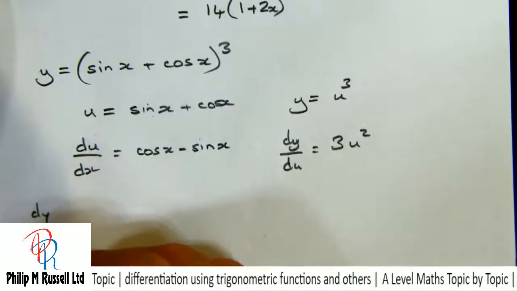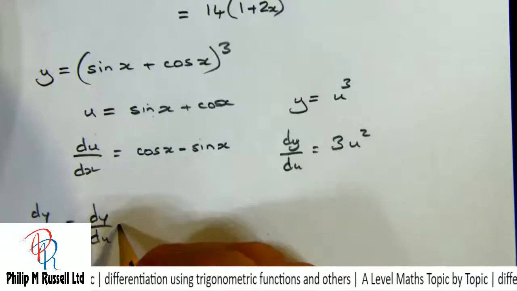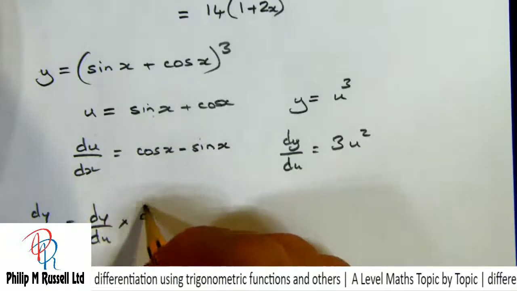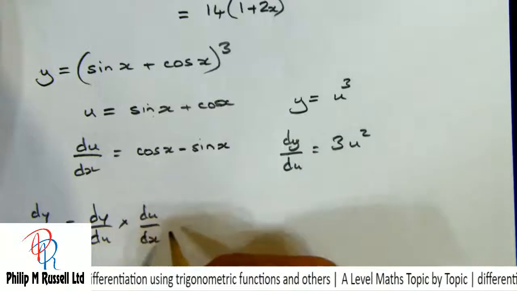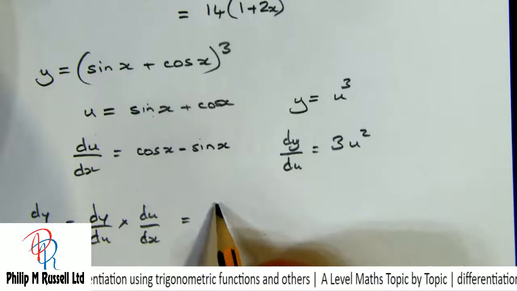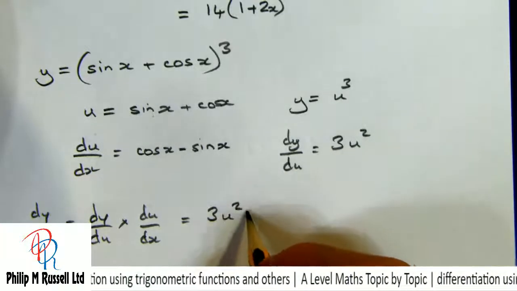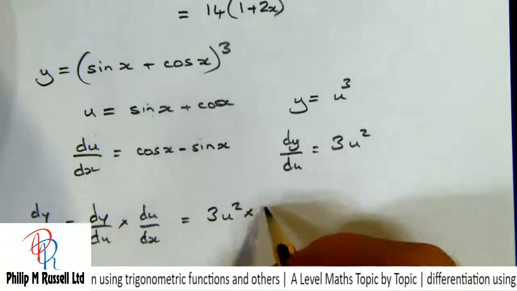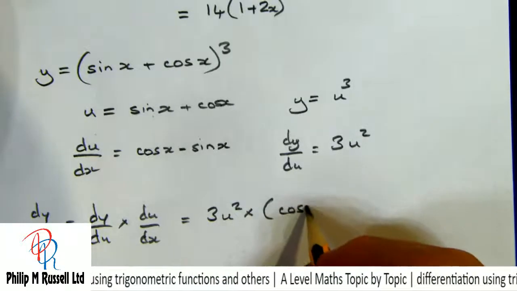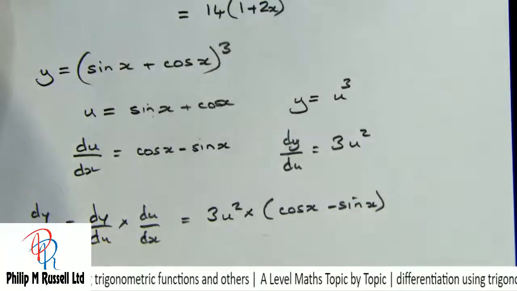Using our chain rule, dy by dx equals dy by du times du by dx. So let's write that out. That's going to be 3u squared simply times cos x minus sine x.